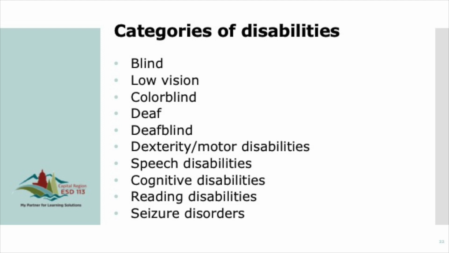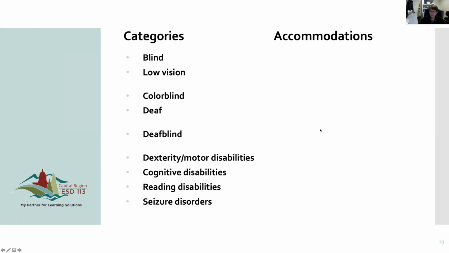There are auditory disabilities like deafness and deaf-blind, which is even more complicated because you've got two major disabilities together. Dexterity or motor disabilities, speech disabilities, cognitive disabilities, reading disabilities, and then seizure disorders, which can also be a problem. So there are different ways of accommodating the various disabilities.